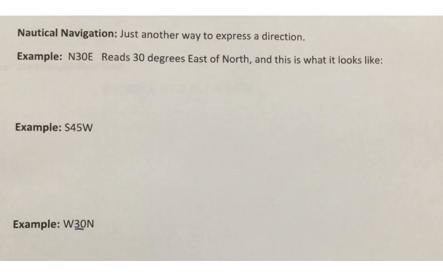And so if I see N30E, that means we are 30 degrees east of north. So here's the way that I'm reading these. It's 30 degrees east of north. So if I had to draw that, this is north. And so if I'm 30 degrees east of that, that means this is 30. I want 30 east of north. Does that make enough sense? Alright. 45 west of south.